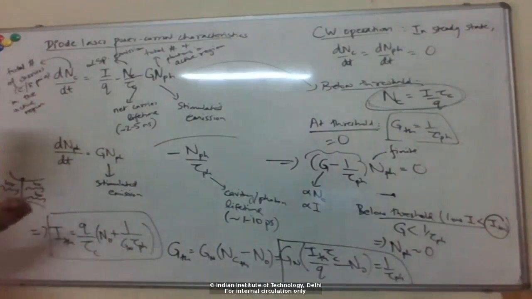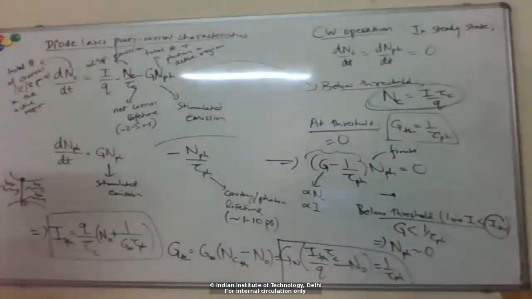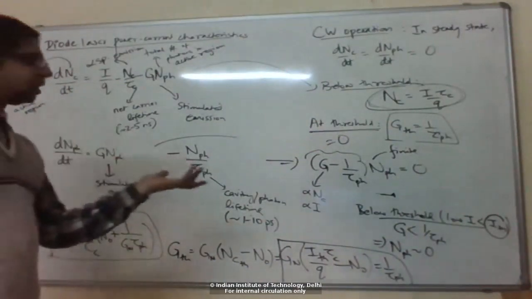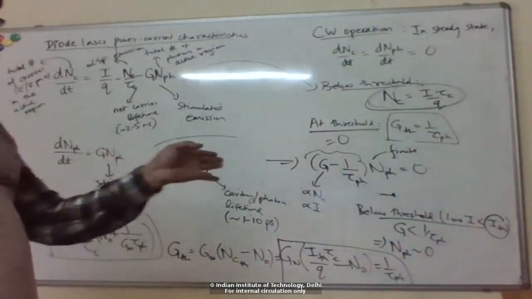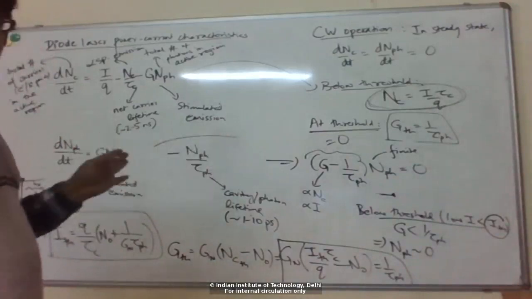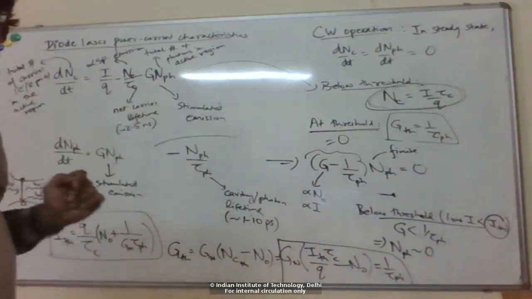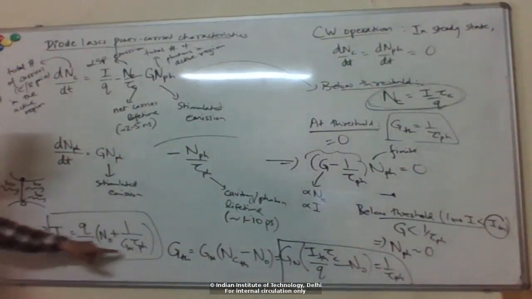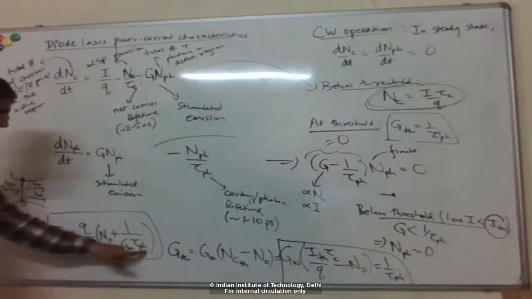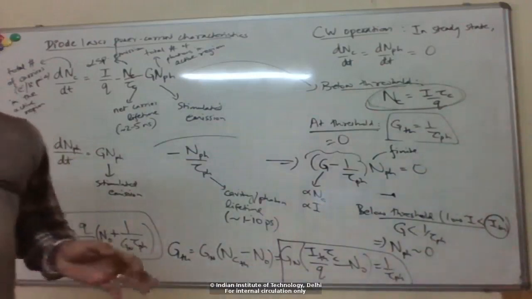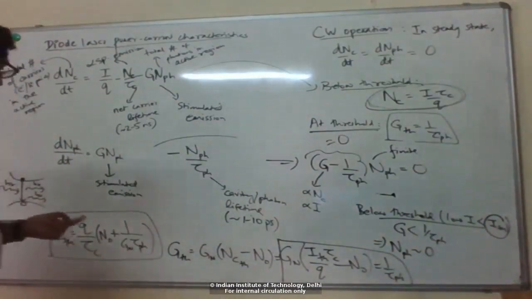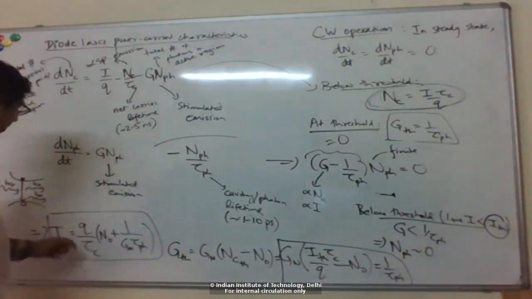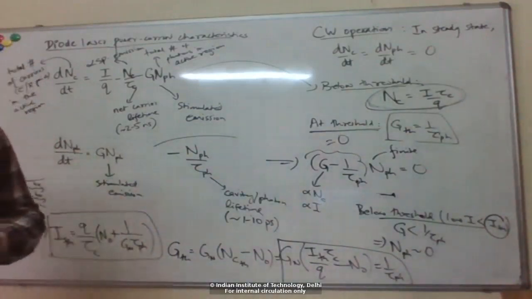So if I want a low threshold current, which is what we want for an efficient device, basically, in some sense, we can say that the laser is off for I less than I threshold, and then it turns on for I more than I threshold, right? So if you want to turn it on at a low current, then I want large lifetimes, large tau c and large tau photon. A higher lifetime for both the carriers and the photon gives me a more efficient device, or lower threshold current.